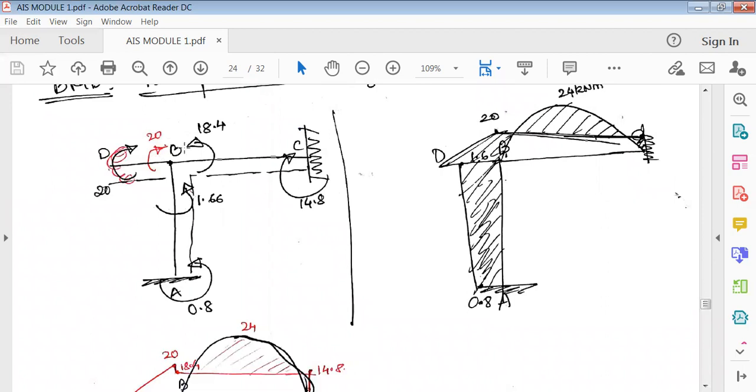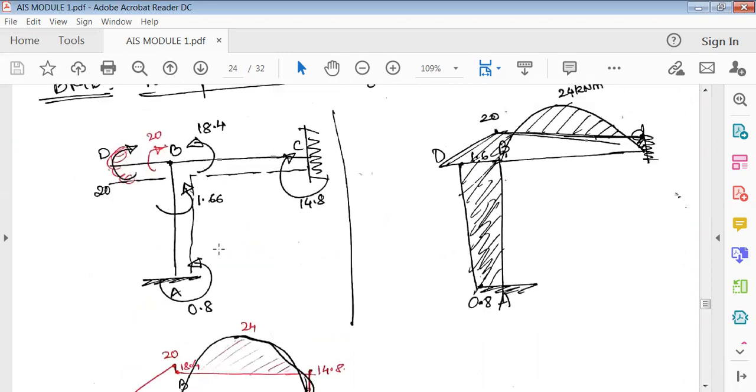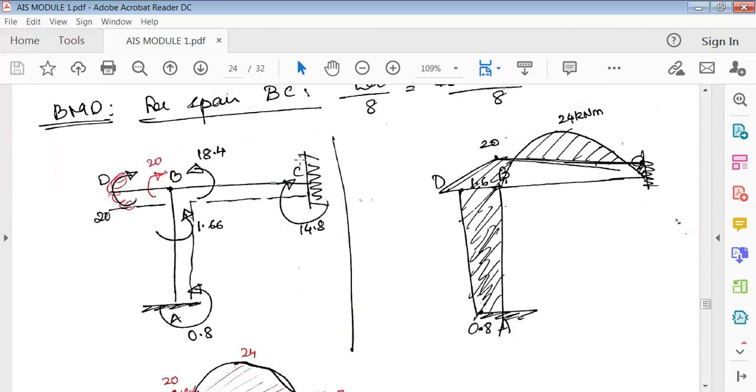Then again, at B there is another moment, that is 18.4. So show here plus 20, then at the same point B, it is 18.4. So just drop this line down here and connect both of these. And finally at C, it is 14.8. 14.8 means again it is above this line, not inside the dotted line.